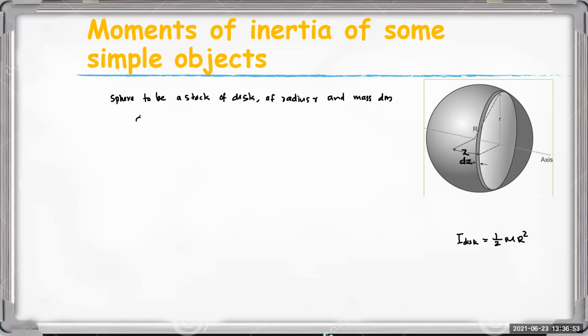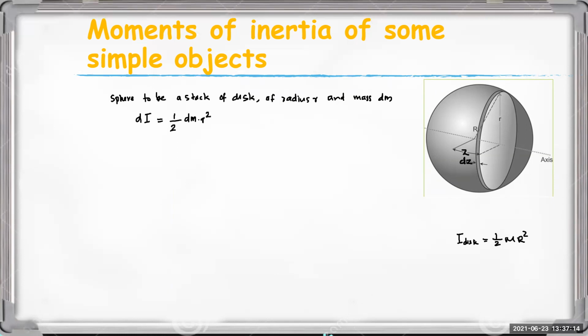So I write the moment of inertia of this particular disk as dI. For that disk, the radius is small r and the mass is dm.